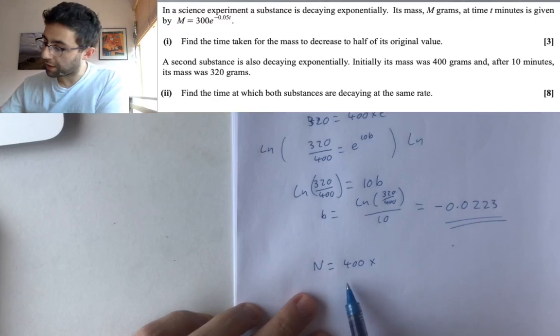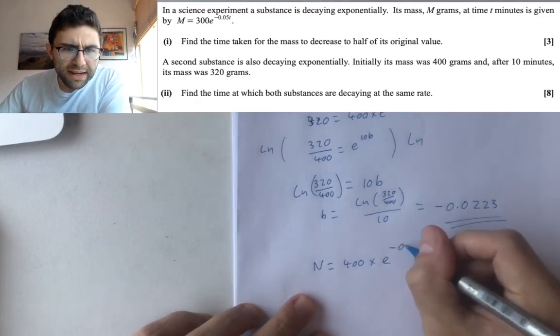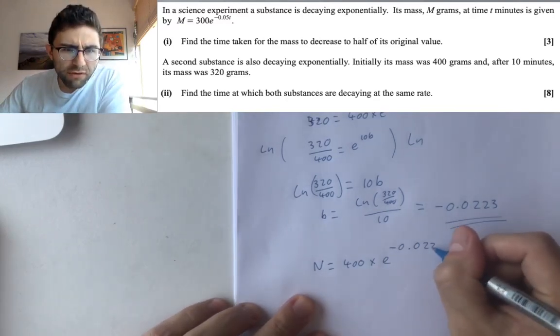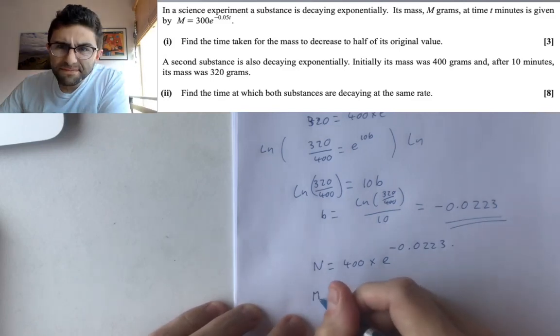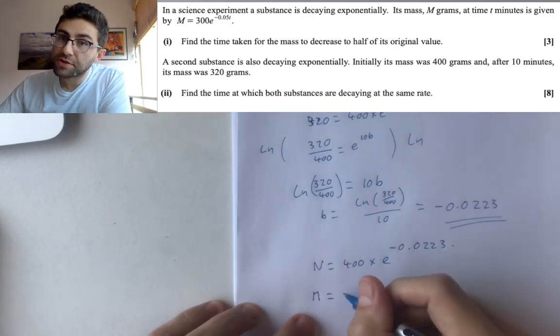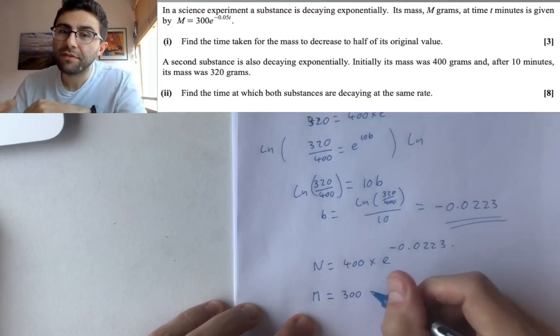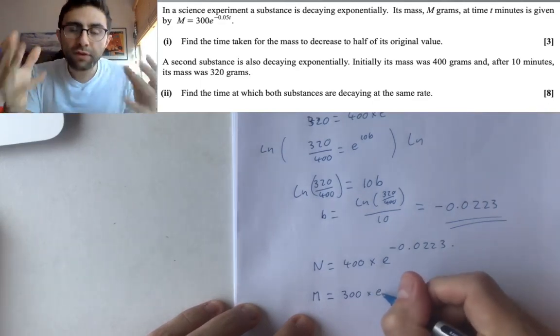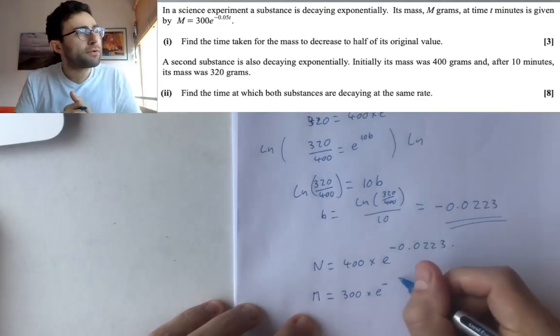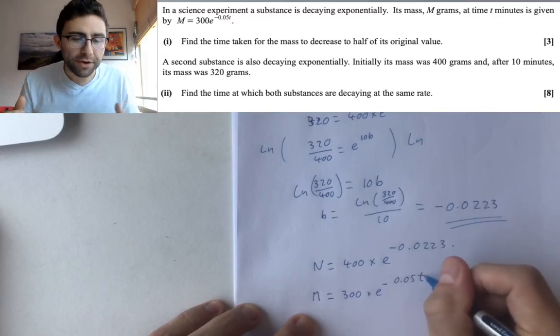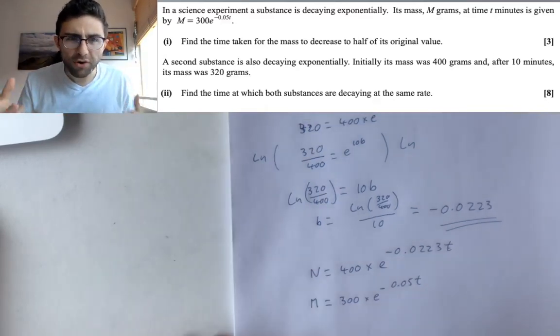I'm seeing the word rate. I'm differentiating with respect to time. If I am seeing the word rate, what rate is something going at? The rate of your running, the rate of your heart rate.